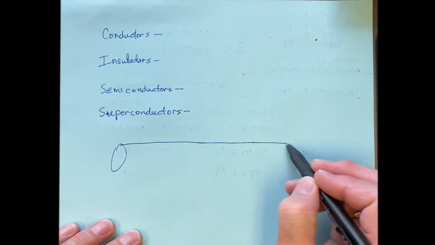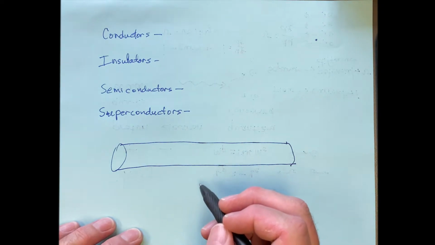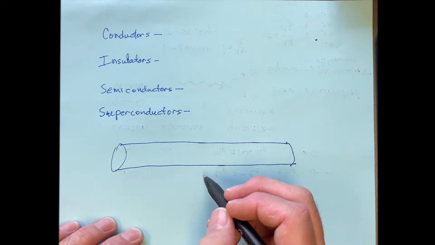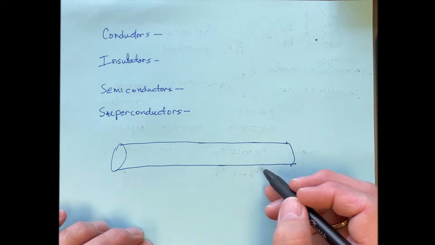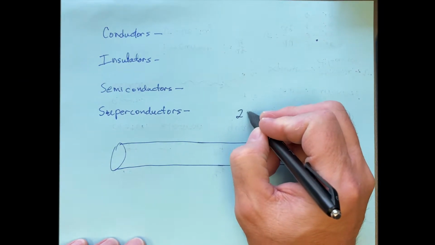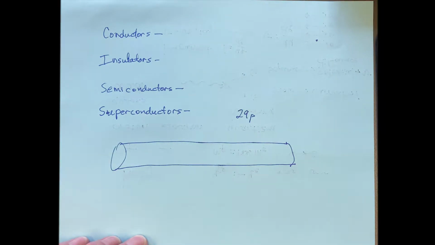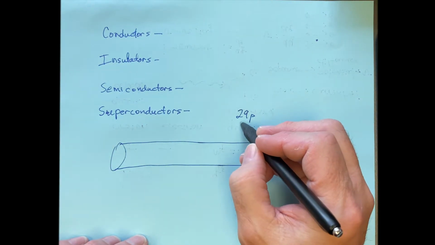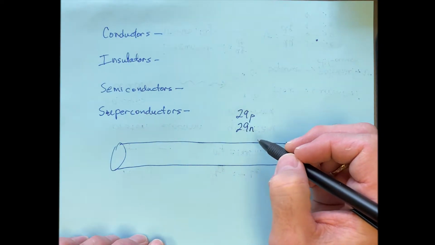Let's say this represents a piece of copper wire. Well, copper, if you look at it on a periodic chart, has how many protons? Copper has 29 protons. And although I don't necessarily know how many neutrons it has, it's somewhere around 29 neutrons.